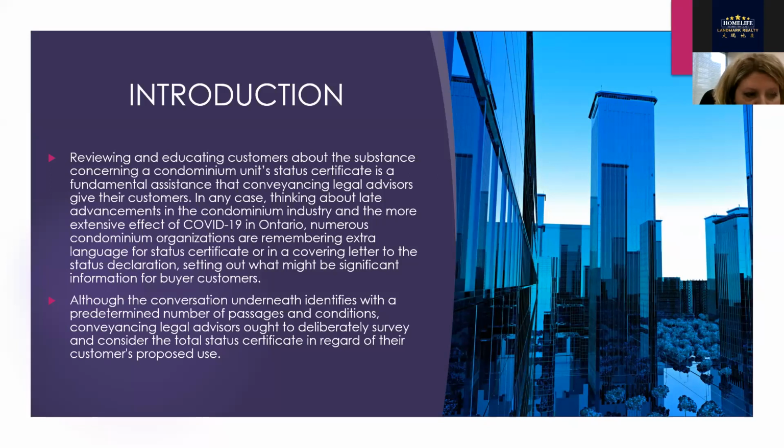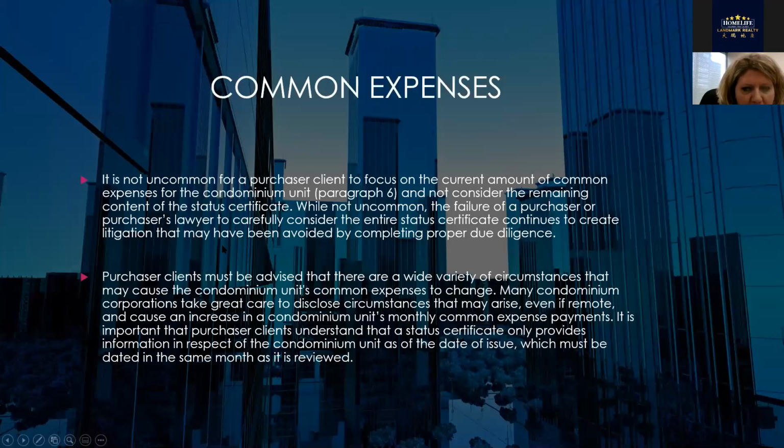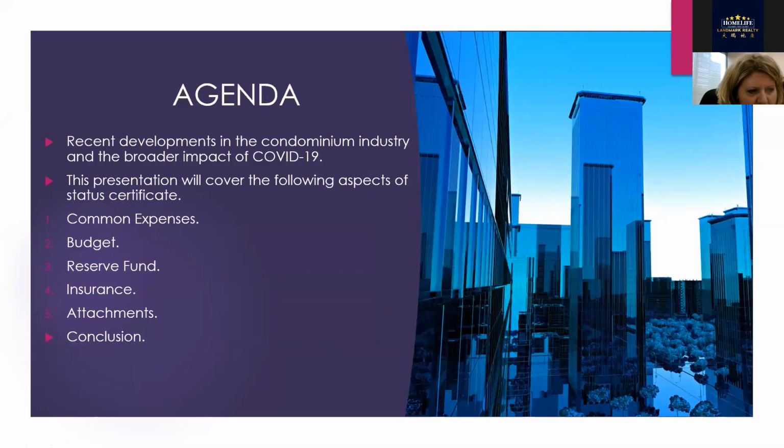First thing they will look at, common expenses. Why? Because they want to be sure they have been paid, there are no debts from the previous owner, from the sellers. So you will go here in the common expenses. You will see the exact amount, and plus the common expenses will be adjusted in the statement of adjustment at the closing date.